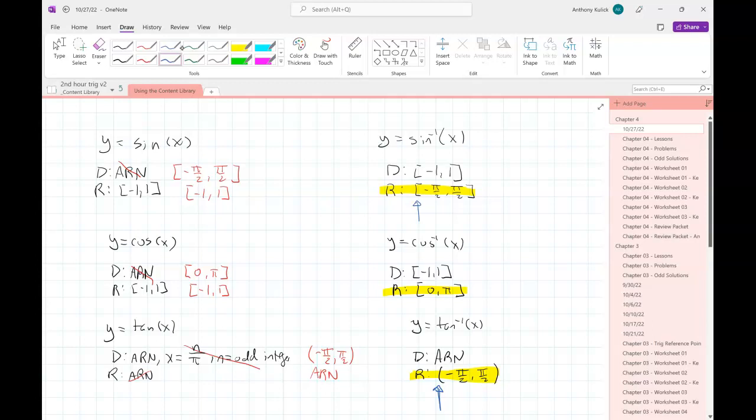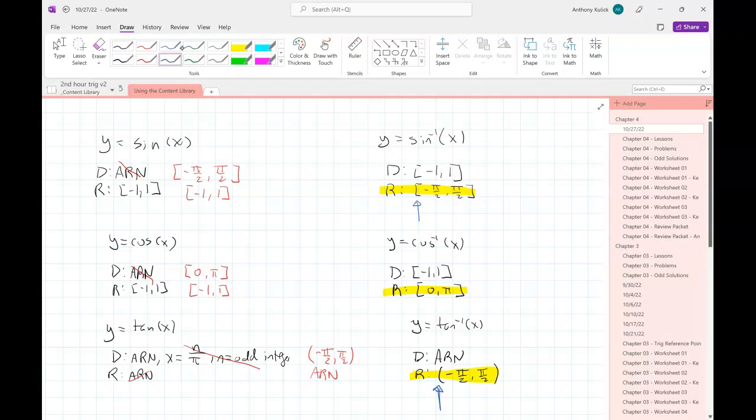What is there in the graph of tangent? Yes. So Nate says that negative pi over 2 and positive pi over 2 are the locations of asymptotes in the graph of tangent. The asymptote is where the function is undefined. So I can't plug undefined into my inverse to get a value to come back out.